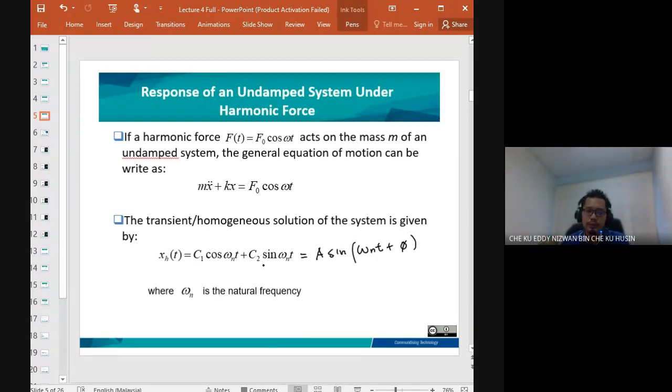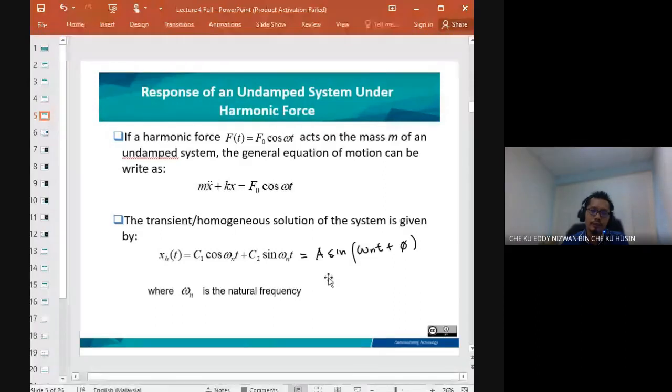So just represent it with this formula. If you want to find A, it is the square root of C1 squared plus C2 squared, and psi is the inverse tangent of C1 over C2. And this transient response refers to omega n, the natural frequency.